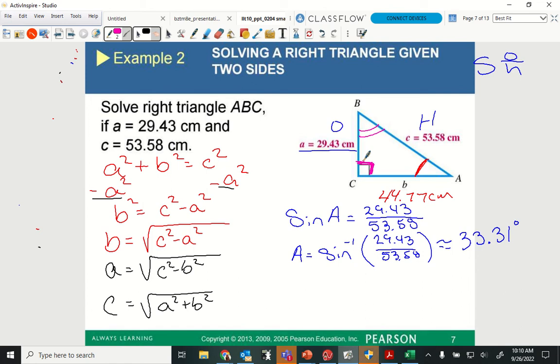So to get my other one, angle B is going to be 90 minus 33.31 degrees, which is going to give me about, what did we get?